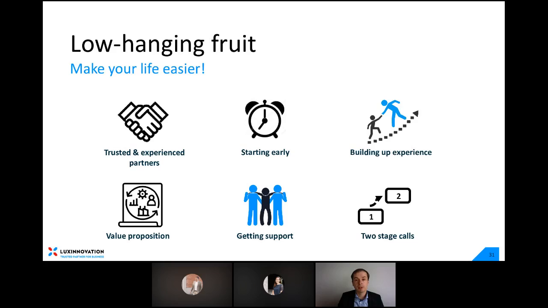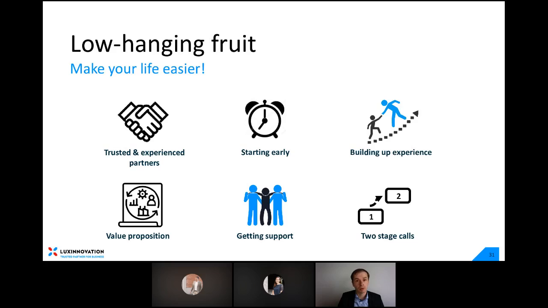Getting support, obviously, from us, from your research facilitators, administrations, from colleagues, from consultants. There's one example. We haven't discussed this in much detail, and unfortunately it's not up to you to decide.